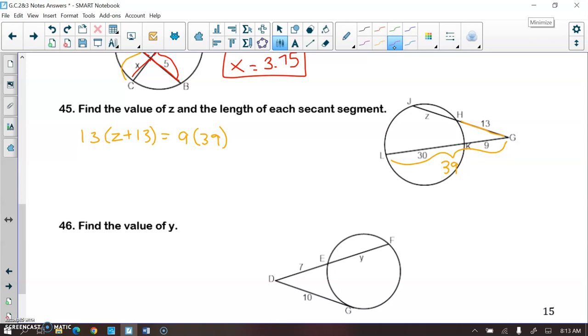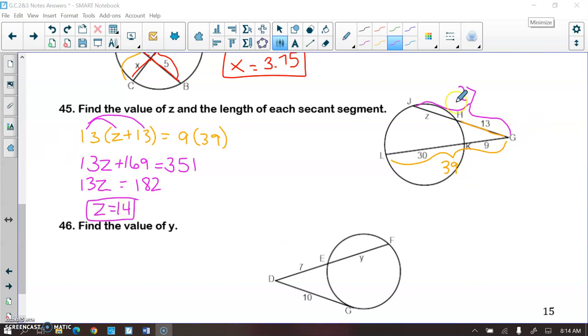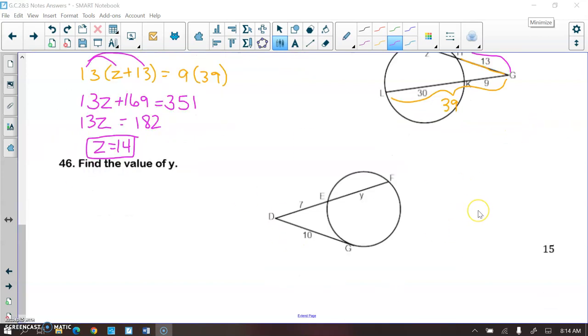All right, so distributing this in, and multiplying 9 times the 39, and doing the algebra. I'm going to have you pause the video and try the rest on your own. Okay, you get z is 14, and then this secant is 27.